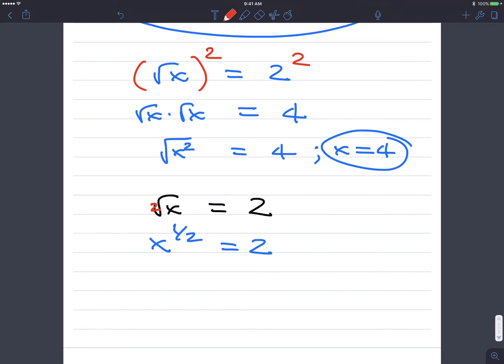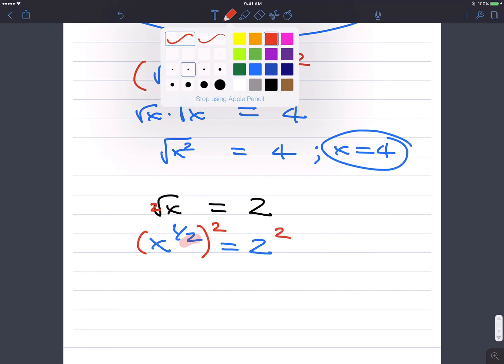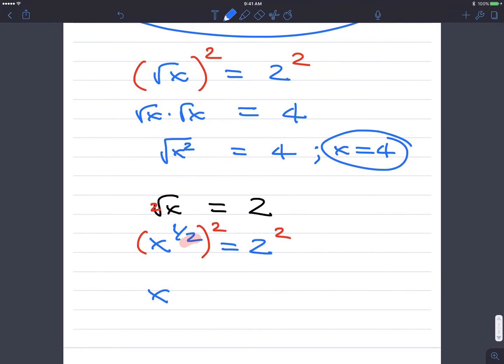It's an exponential that has a rational power, a fraction power, where the index is the denominator of the fraction. So when you square both sides, we use properties of exponents: 1/2 times 2 is 1, and 2 squared is 4. Again, you can see that x is the value 4.